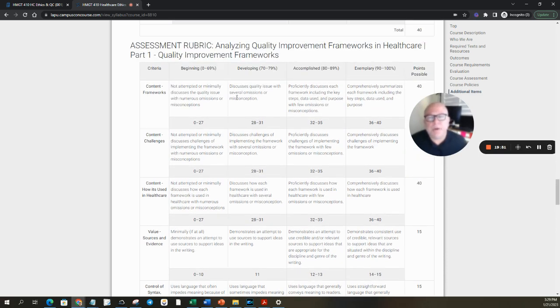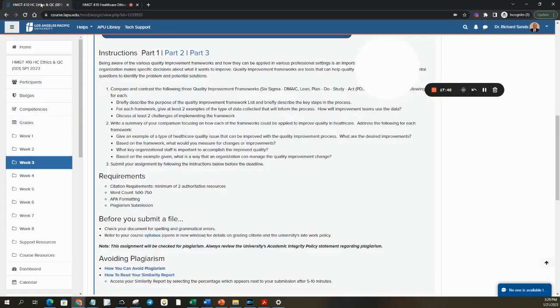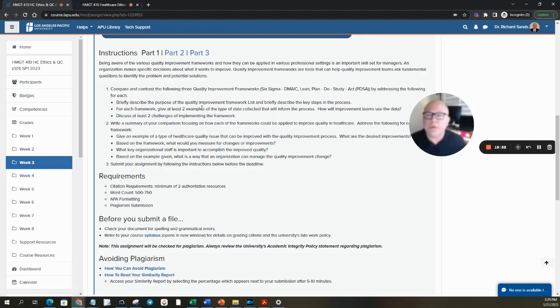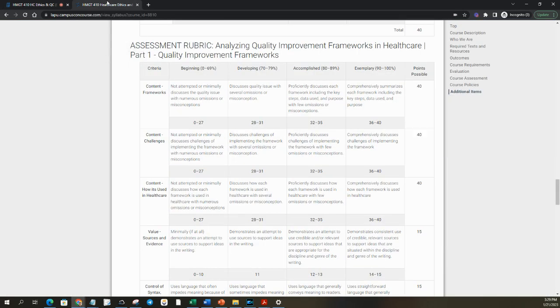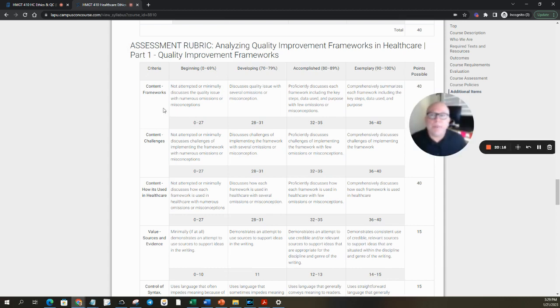So if you think about what we just went through, in reading those requirements and to-dos, you're going to take that and synthesize it, and ultimately in your paper, you'll have your title page.